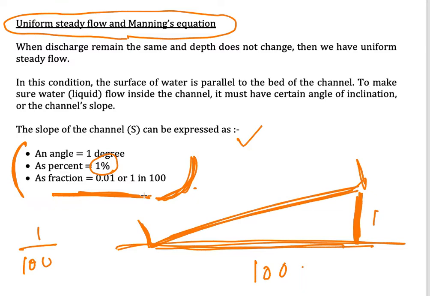I hope you could imagine the way people express the slope. Bear in mind, because we are dealing with water flows, it is weird if the slope is very big. Normally people will use around 0.5, 1 or 2 degrees.